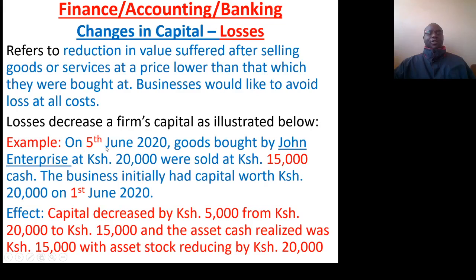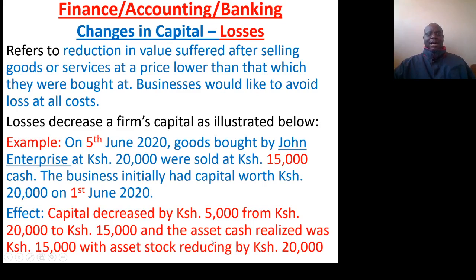An example: on 5th June 2020, goods bought by John Enterprise at 20,000 were sold at 15,000 cash. So the business initially had capital worth 20,000 on 1st of June. So the effect is this, that capital decreased by 5,000 from 20,000 to 15,000.